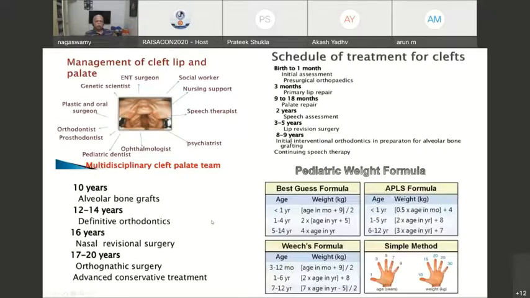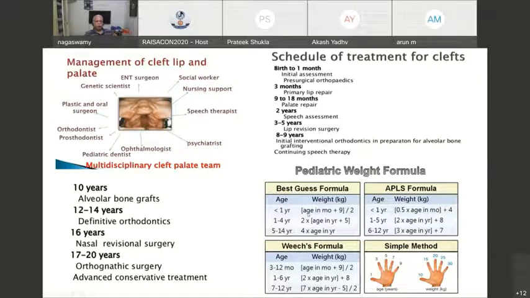And this one formula, sometimes I found listening to some of the videos on the ISA Kerala and other people discussing cleft lip palate cases. One examiner was very fond of asking about the expected weight of the baby. So he was asking about this Weech's formula, where for 3 to 12 months, that is a baby less than 1 year, you always take the age of the baby in months, add 9 and then divide by 2.